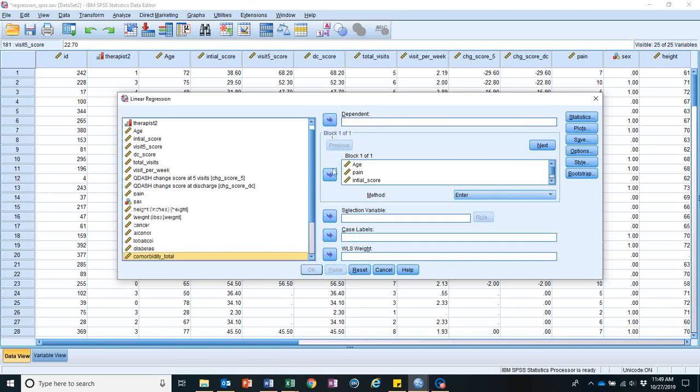So I'm going to check one thing. For doing a regression, you want to check multicollinearity. So you don't want variables that have high correlations with each other. That sort of is a waste of a predictive factor.